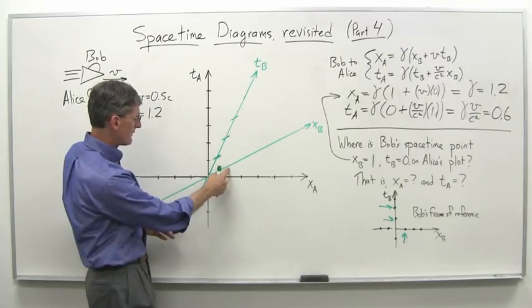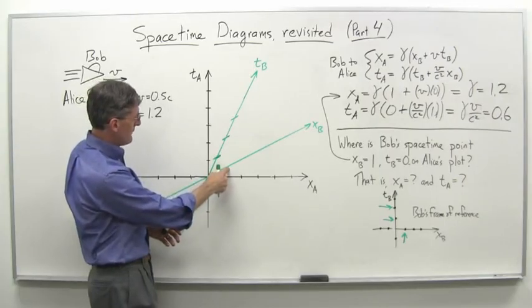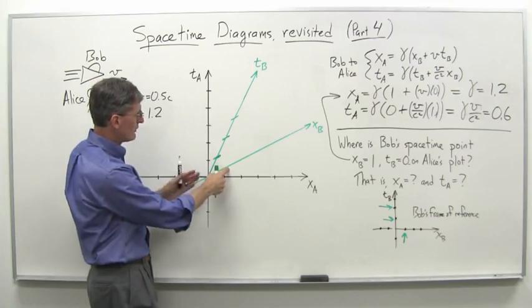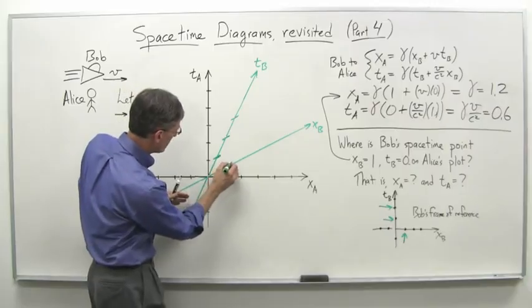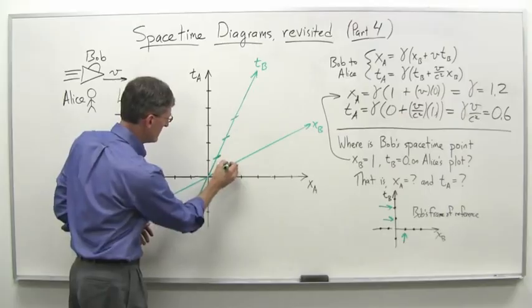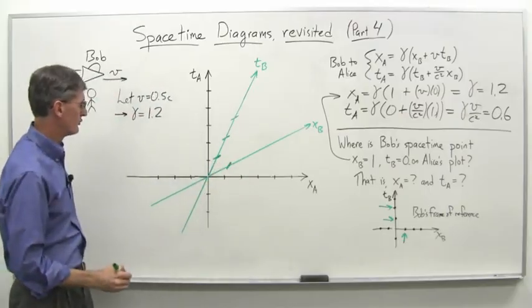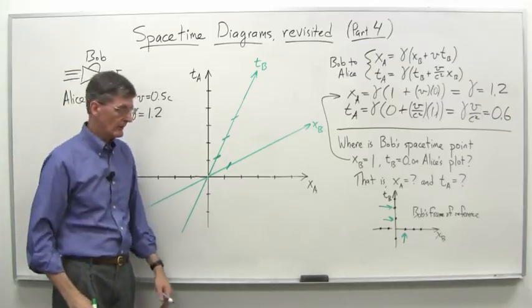So up here like this, about right there. I'm a little off in my plot here. But that's the location, and the tick mark now is going to be parallel to the t sub b axis. So, roughly speaking, you want to draw something like that. Try not to make it too big, but that's what that tick mark looks like.